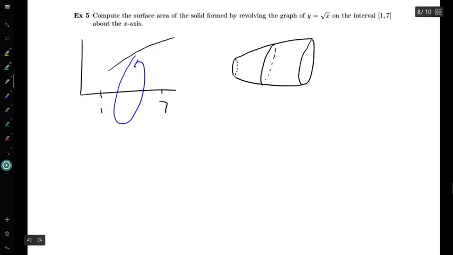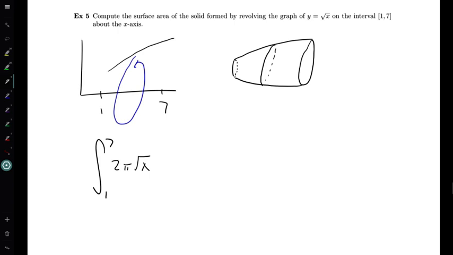And what we want to do in order to compute the surface area is integrate the surface area of a given shell. We're integrating from 1 to 7, which is the left end to the right end. A given shell is going to have radius 2 pi times square root of x, so 2 pi times the y value on the curve.